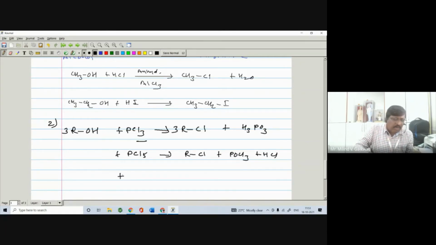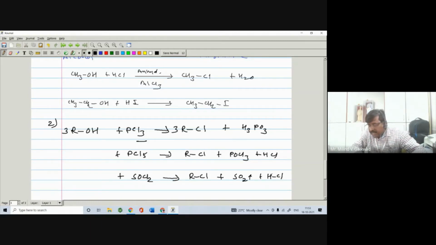Again, this alcohol may also react with SOCl2, thionyl chloride, and there is formation of the corresponding RCl, alkyl halide, plus SO2, sulfur dioxide, and HCl.